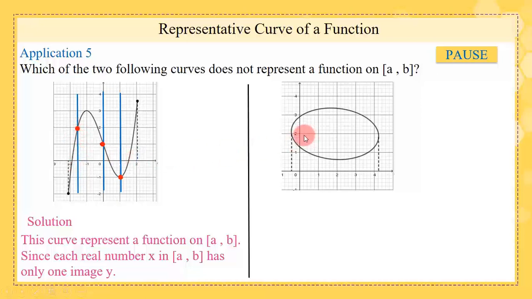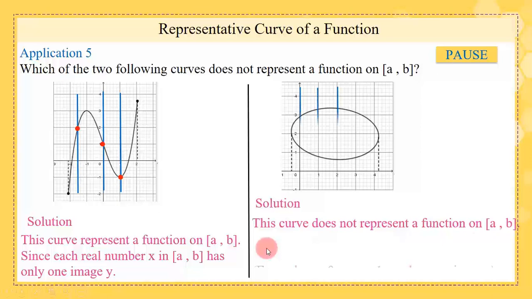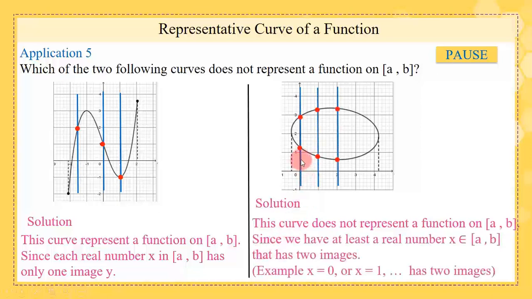On the other hand, the second curve does not represent a function on AB since we have at least one real number x belongs to AB that has more than one image. Please look at the figure. If we draw a vertical line, it cuts the curve at more than one point. This means that for this value of x, we have more than one value of y.